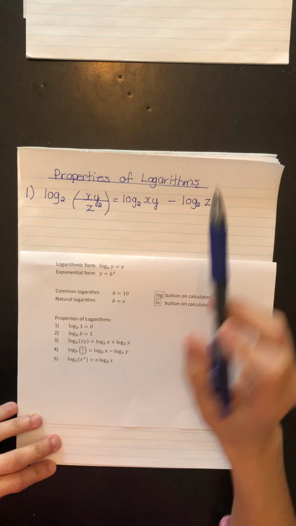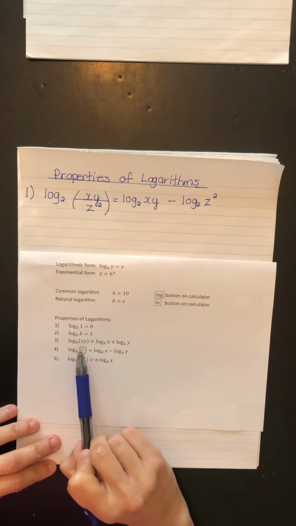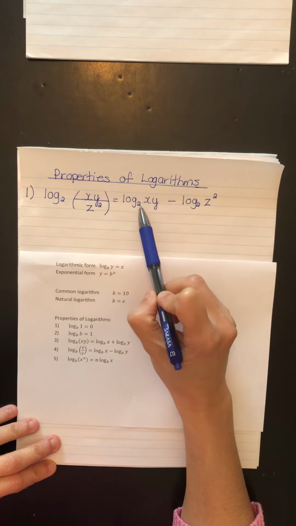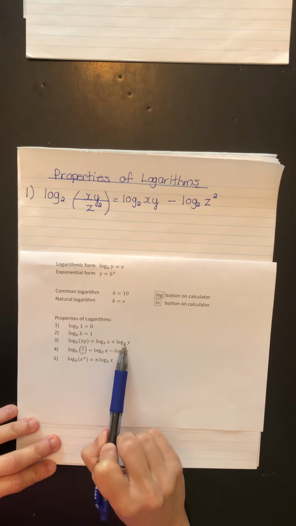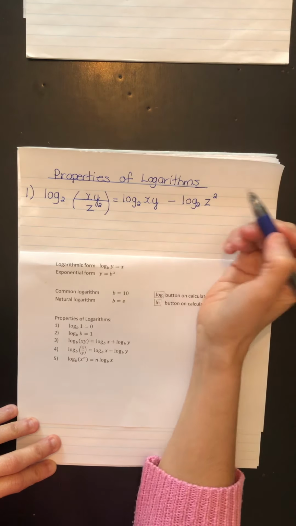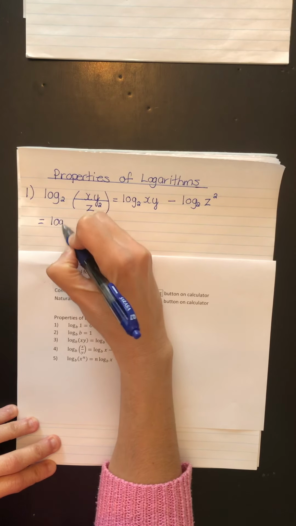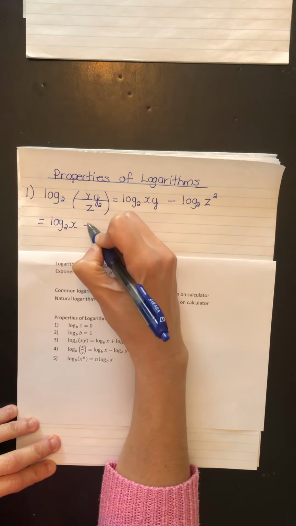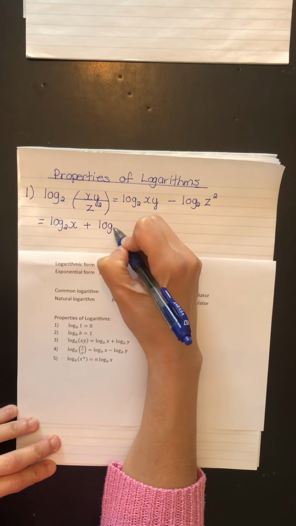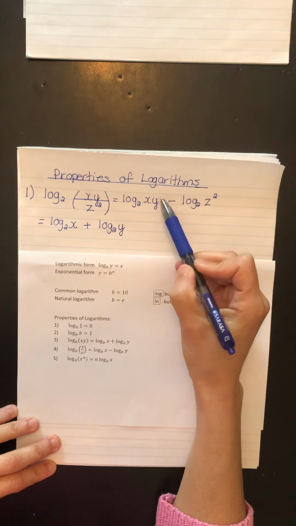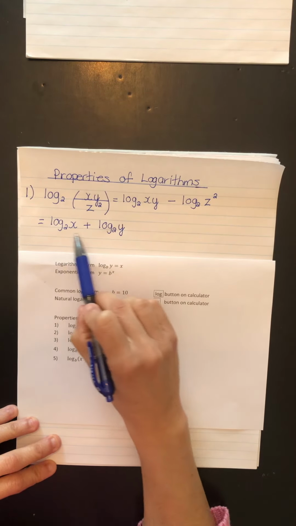From there, I can use property 3 here to make this a sum of logarithms. So this then becomes the log of x plus the log of y. So again, the product becomes the sum.